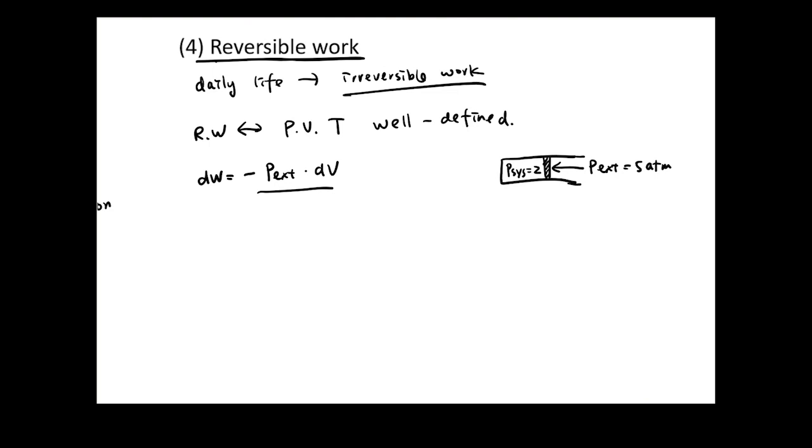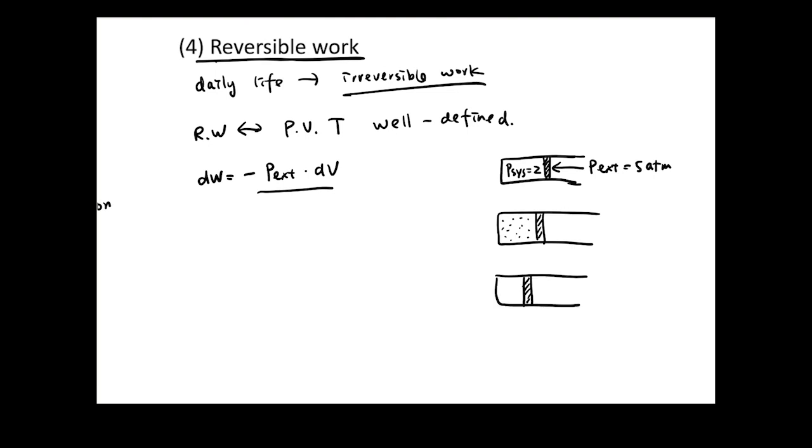The reason is that once these things happen, let's say we have a really fast camera, we can capture everything. In the beginning, we know the gas should be randomly distributed inside your vessel. But once you let things evolve, because the external pressure is so high, it's going to push your piston quickly.